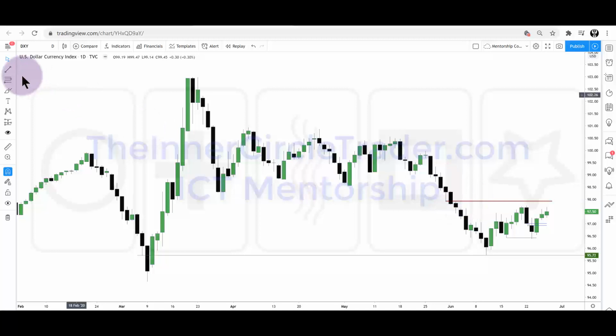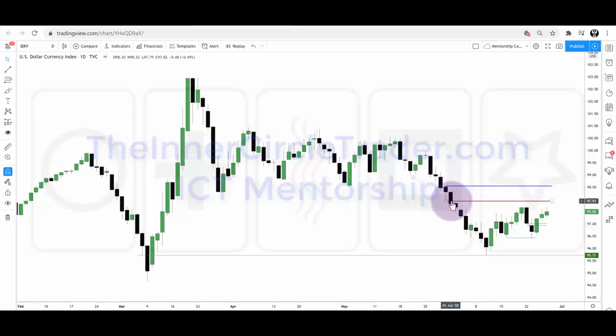I'm just going to add a little trend line here on the discount end of it. All right, so it's this low, this high, that's your next fair value gap.